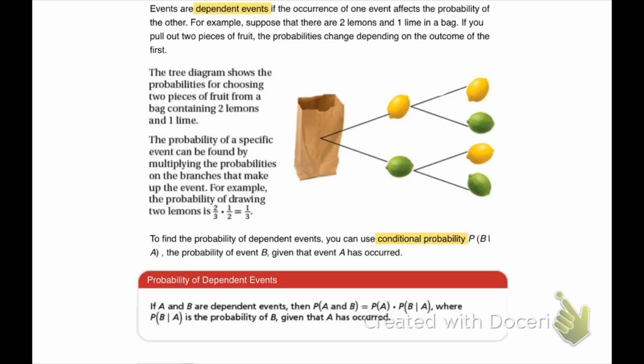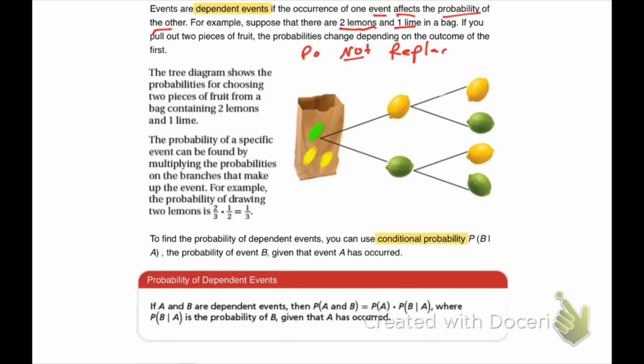Now we're going to say that events are dependent if one event affects the probability of the other. So for example, let's say that we had 2 lemons and 1 lime in a bag. Obviously we don't know where they are in the bag, but let's say that you pull 2 pieces of fruit out, and every time you pull a piece of fruit out, you do not replace the fruit.